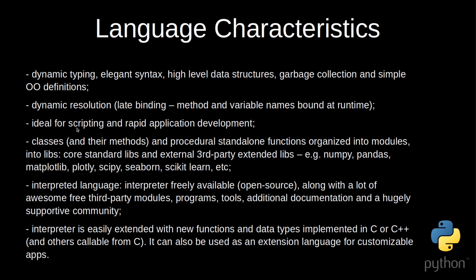Python is ideal for scripting, as I've already mentioned, and rapid application development. Not only because of its simple syntax, but because, for example, you don't have to use any complex paradigm with it.